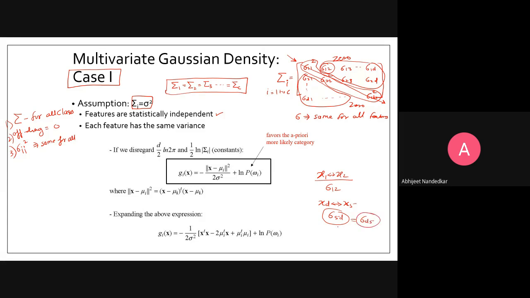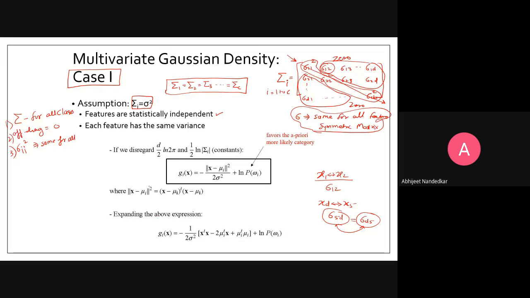So the entries are symmetric in this matrix. So this matrix is a symmetric matrix. We will take one example of how to calculate all this in the next class so that these things will be clear.